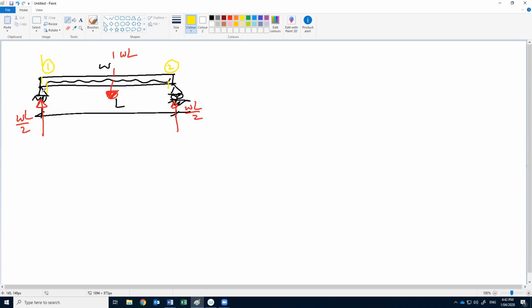So we have this guideline, and we will have a datum to calculate the bending moment diagram.